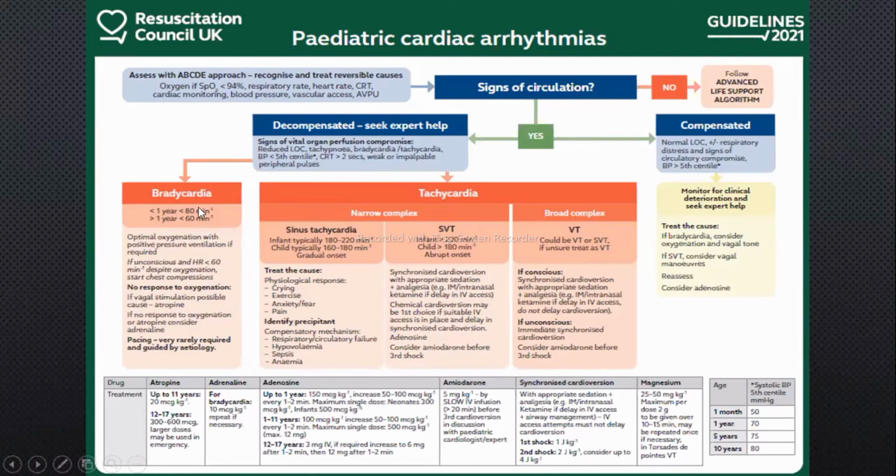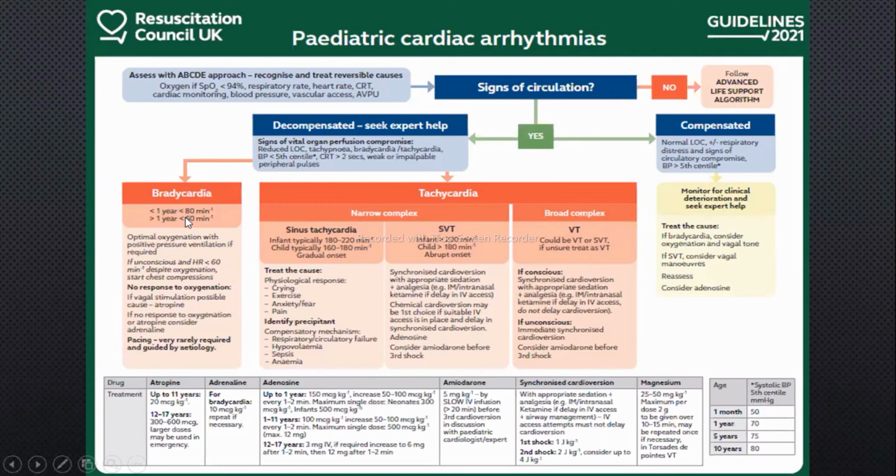If you find bradycardia, less than 80 or less than 60 according to infant or child, what will you do? Optimize oxygenation. It means you will give bag valve mask, oxygen, 5 rescue breaths: 1, 2, 3, 4, 5. After that, check. No bradycardia, so it's improving.